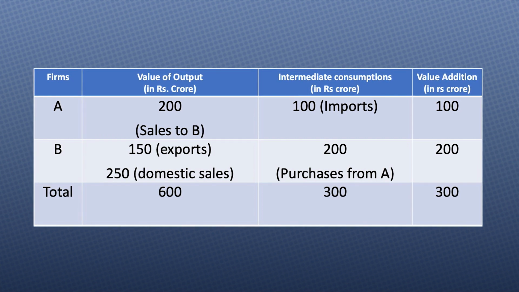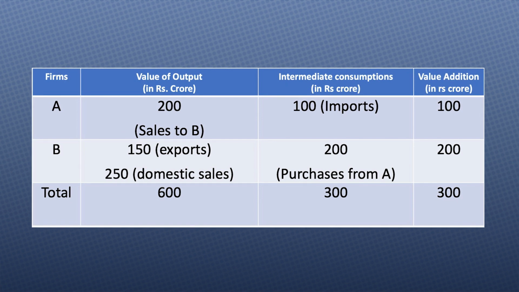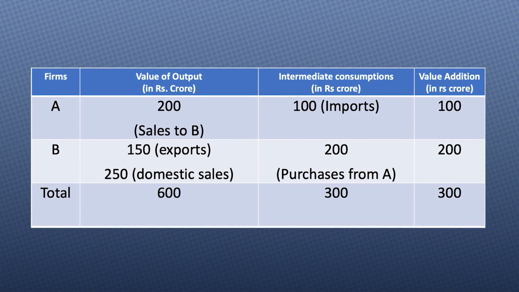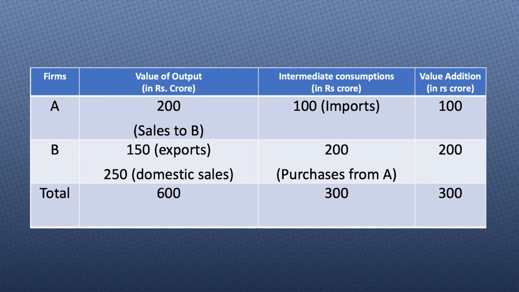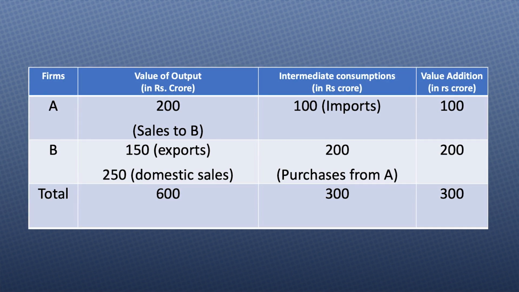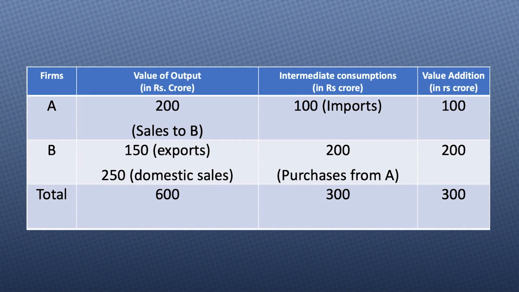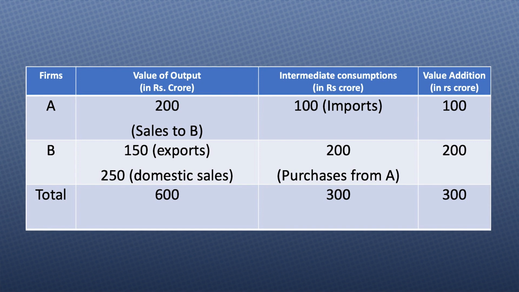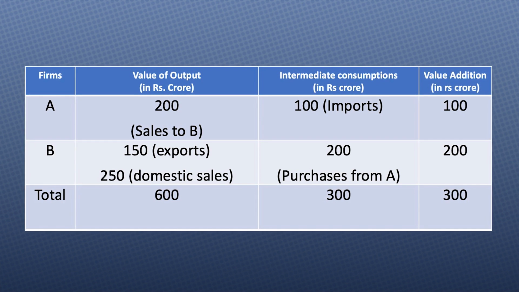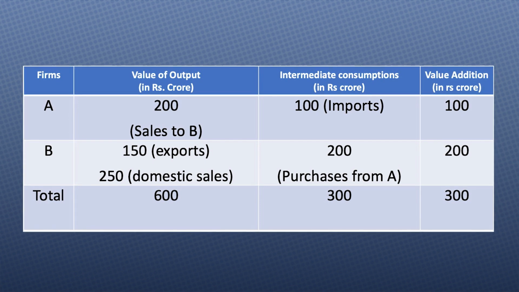For firm B, domestic sales by firm B is 250 crores and purchase from firm A is 200, and at the same time firm B also exports 150 crores rupees goods. So, total value of output of firm B is 400 and its intermediate consumption is 200. So, the difference is value added, that is 200.